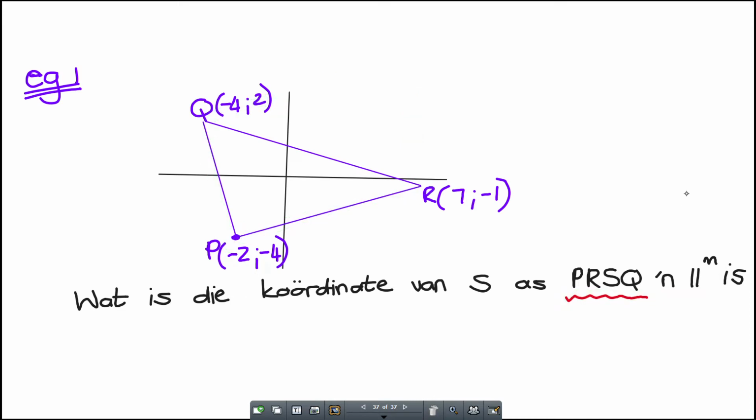So I know that S is definitely going to lie somewhere here. I just don't know yet what its X or Y value is. And that's where you guys come in, so please go work out. By using inspection, if you want to use the long method, you could. But I would just use inspection.